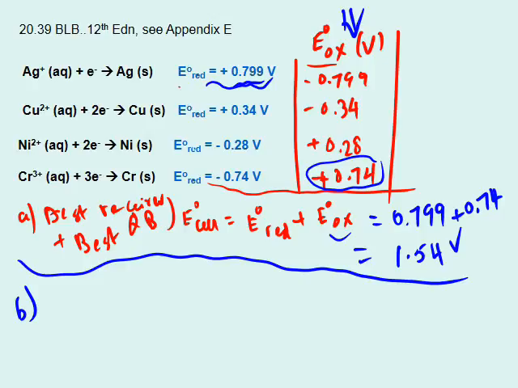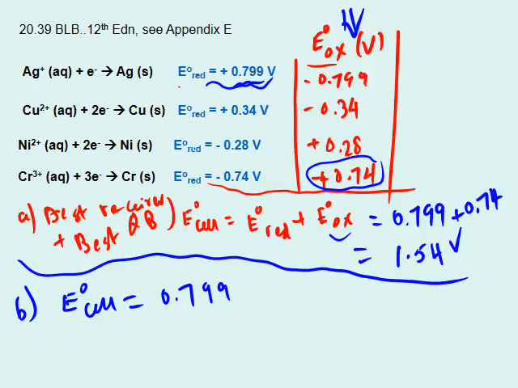Now in this case, again, you use primarily the combinations 0.799 minus 0.34, 0.799 plus 0.28, 0.799 plus 0.74. Just keep going and try all these combinations, and you're going to find the smallest value, which I'm going to write down next. It should not take long to find, because you need to ignore any negative value.